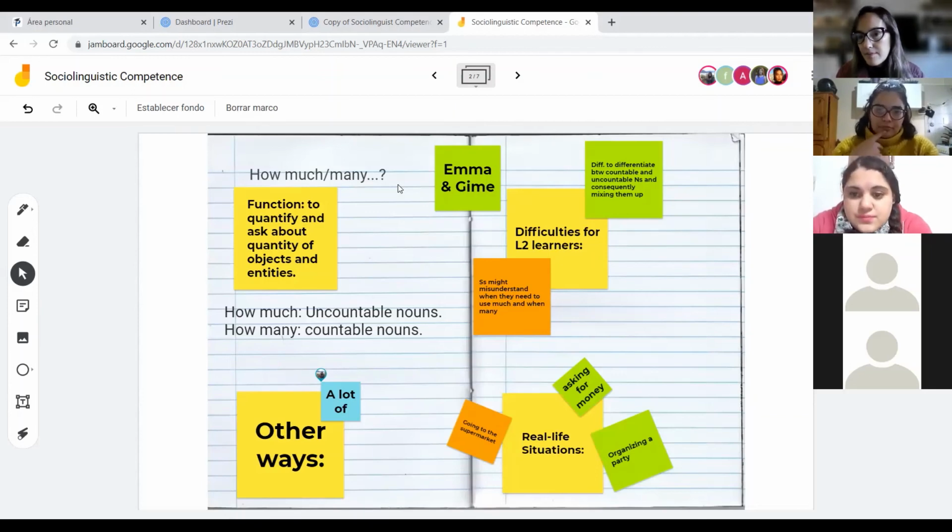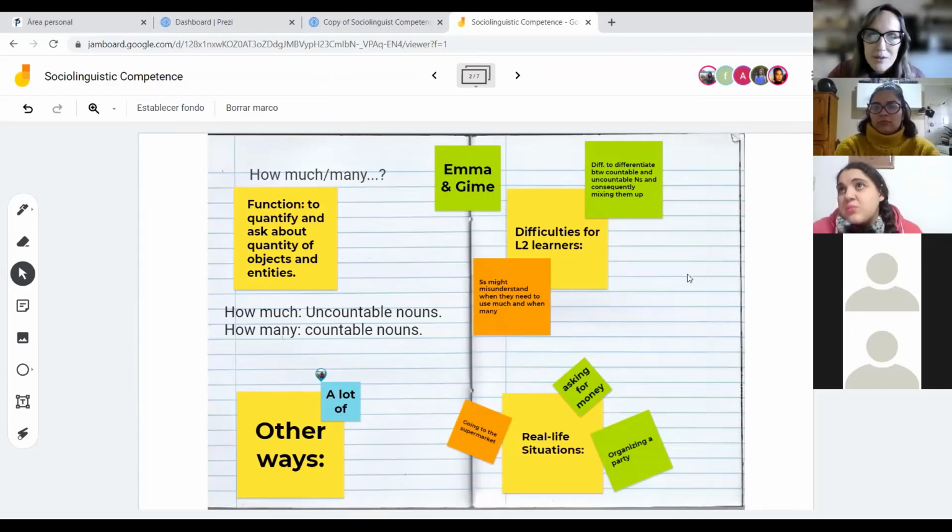I mean, there are many expressions to speak about quantity, right? Probably we have a lot of problems trying to find ways of asking how much and how many. But there is a lot, a bunch, a handful. In those cases, there are a lot of examples. Yes, I was going to say that.